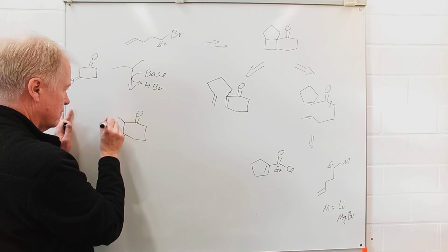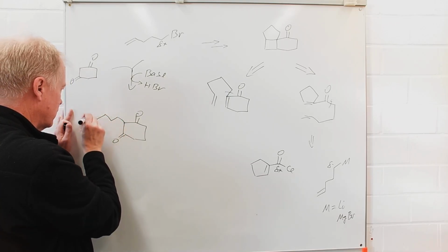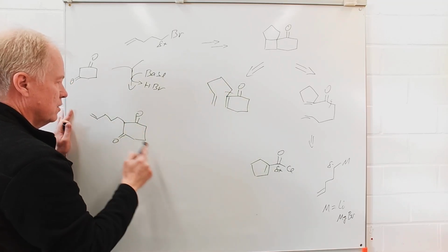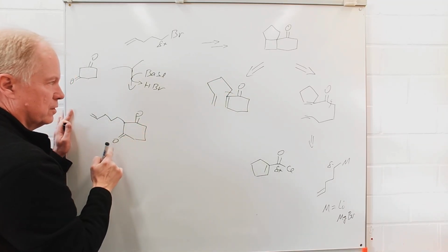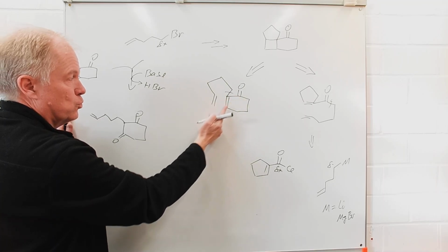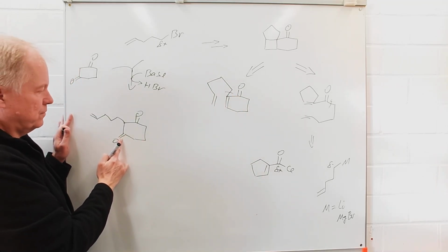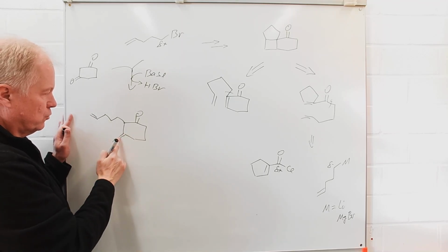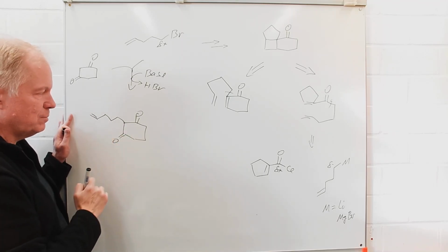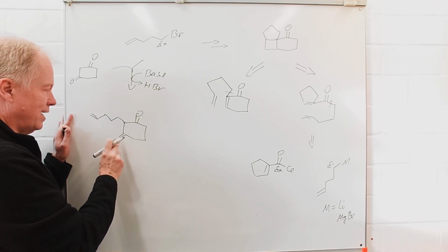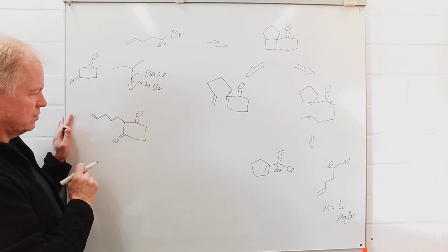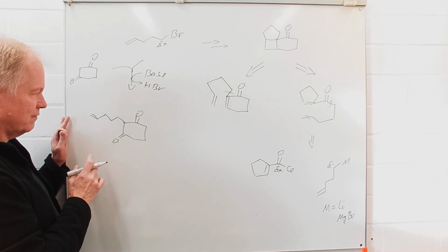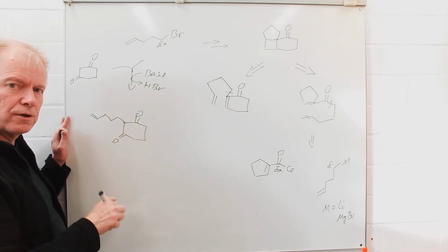And then we have already attached that chain to the right position. What has to happen here, we have to perform a reduction process to the alcohol and then eliminating. However, having two carbonyl groups there, difficult to prevent that both are reduced.